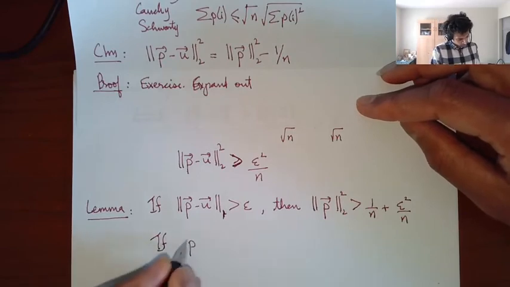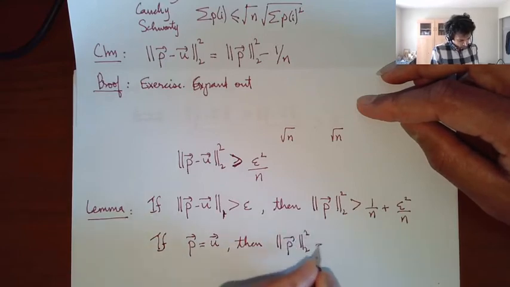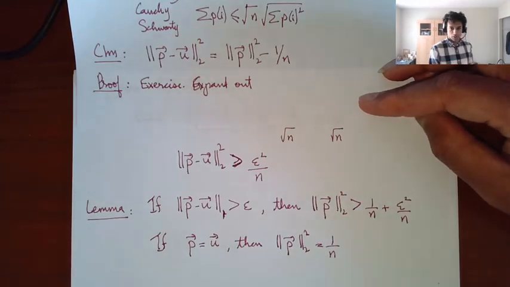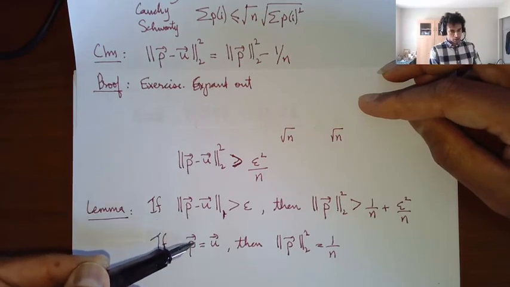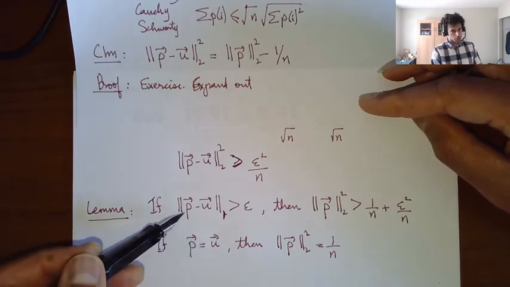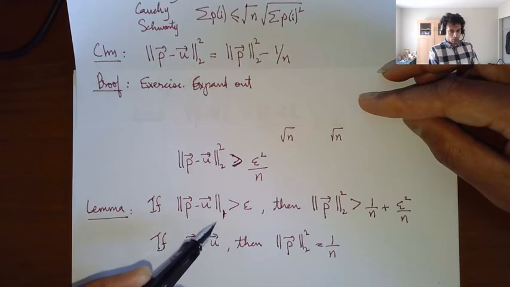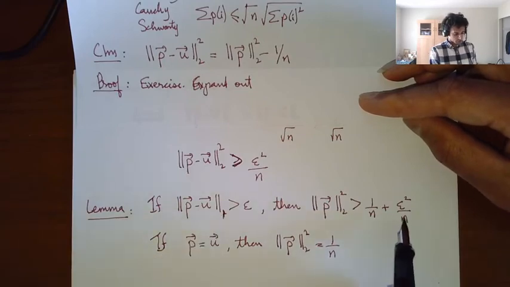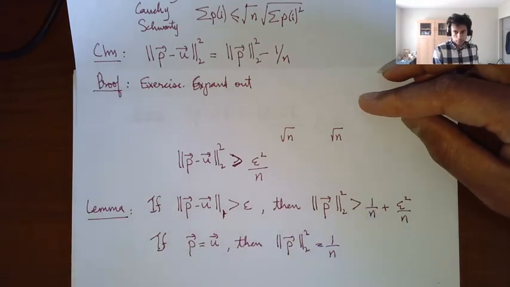And if P is the uniform distribution, then of course the 2 norm squared is just 1 over n. So this gives a convenient way to distinguish the uniform distribution from a distribution that is far from uniform. It suffices to look at the norm of the distribution, the gap that you get. So if the distance is at least epsilon, then the 2 norm squared is at least whatever you have for the uniform plus epsilon squared over n.